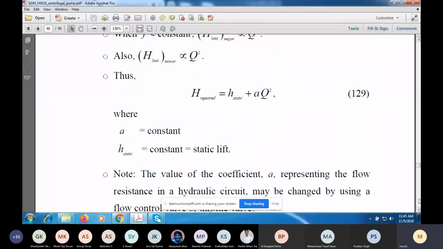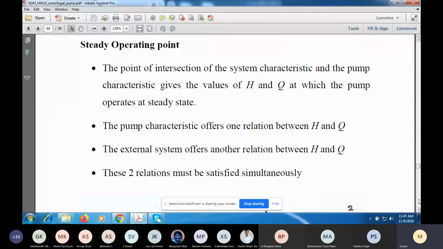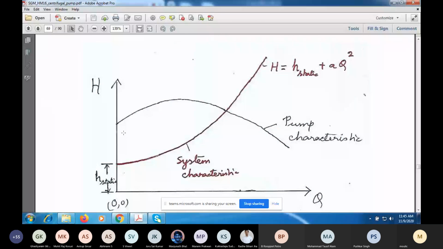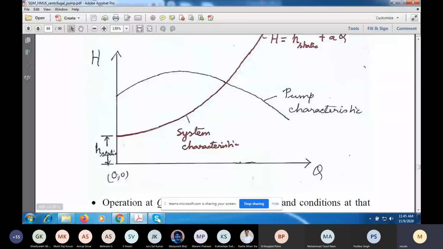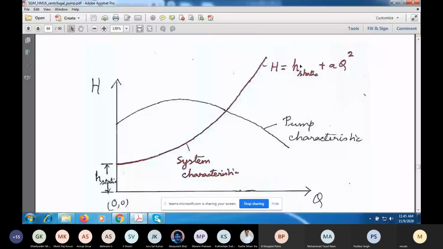Now let us look at the steady operating point. Suppose I have a pump characteristic shown over here, and the head required, the system characteristic, is H static plus AQ squared. If I say this is the origin, then this vertical intercept here is your static suction lift. You notice one thing, that as Q increases for a given A, the head required will increase.